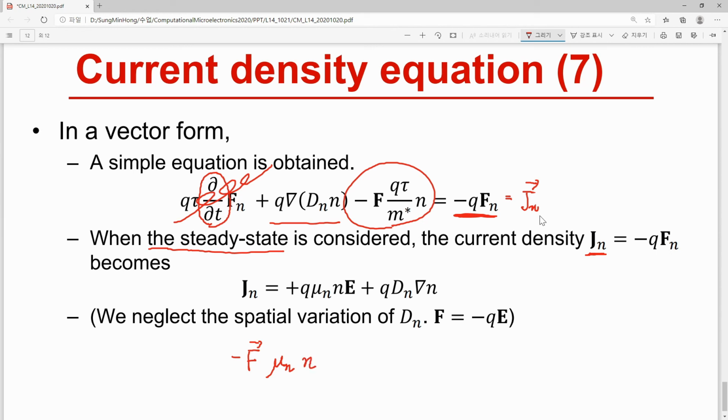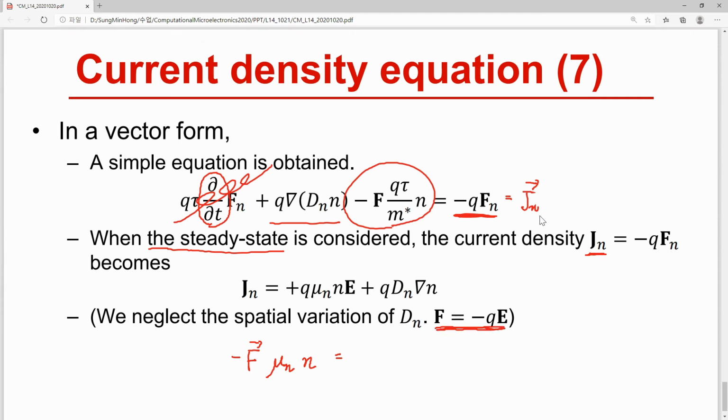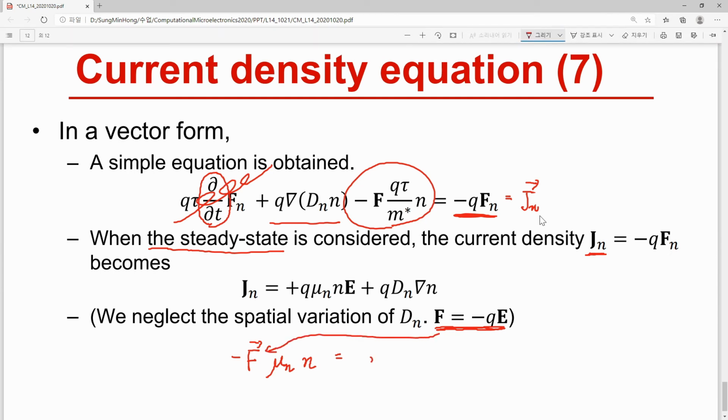And you know that we have introduced this form for the electric force. When we insert it here, then we can find q times mu n n e.